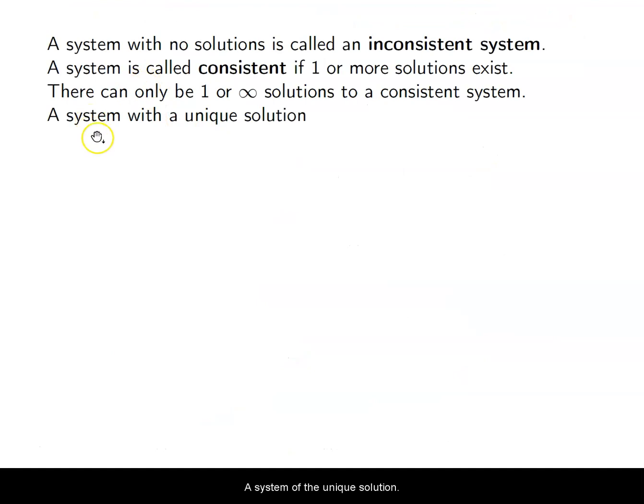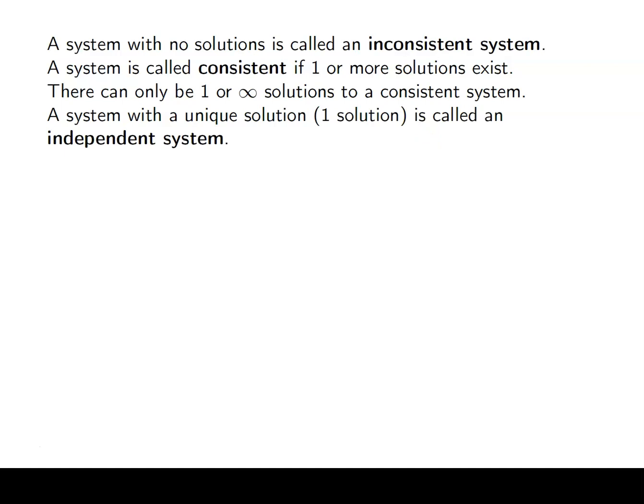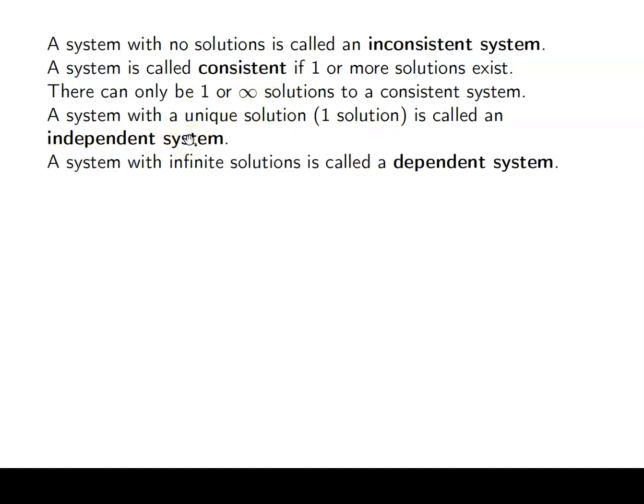Okay. A system with a unique solution where there's one is called an independent system. Okay. So if you're a consistent system with a unique solution, you're an independent system. If you are a consistent system with infinite solutions, you are called a dependent system, right?